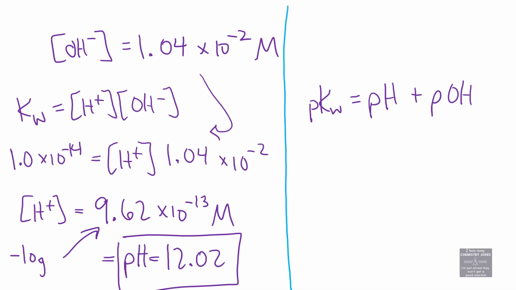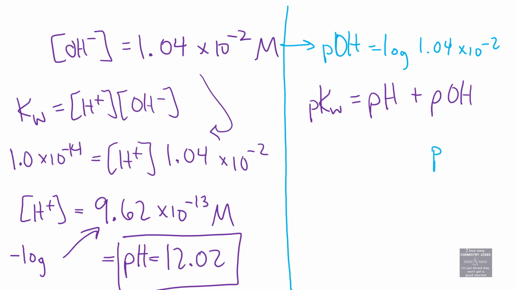I said there's two ways that students often look at this. One way, we're done. The other way, I can take that hydroxide ion concentration and find my pOH, so I negative log 1.04 times 10 to the negative 2.